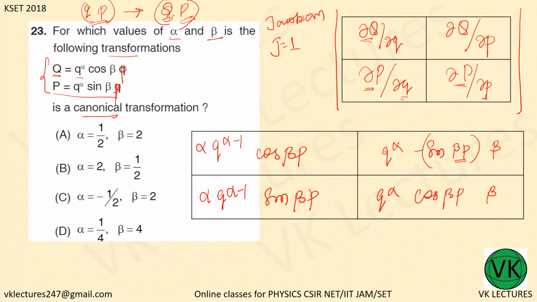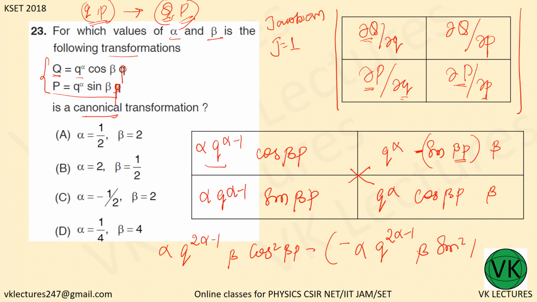Now finding the determinant, multiply these two and subtract this one. So alpha q power alpha minus 1 into q power alpha gives alpha into q power 2 alpha minus 1, into beta into cos square beta p, minus, this minus, so plus alpha into q power 2 alpha minus 1 into beta into sin square beta p.